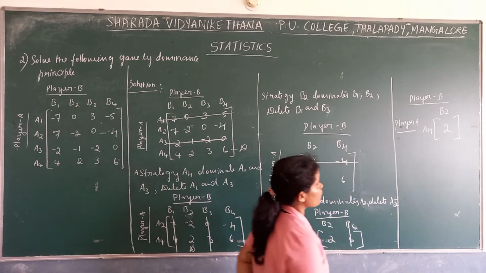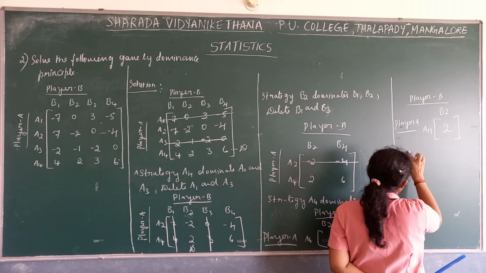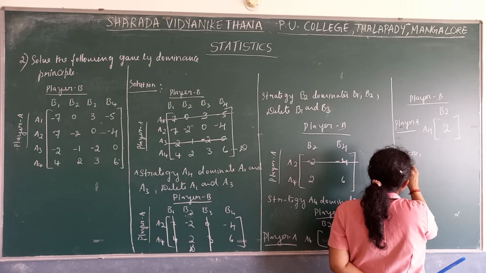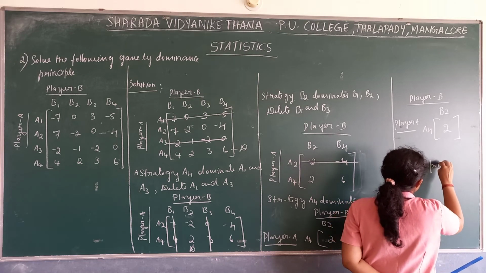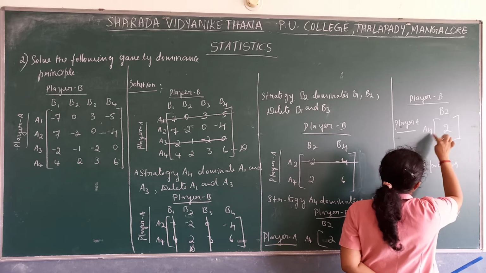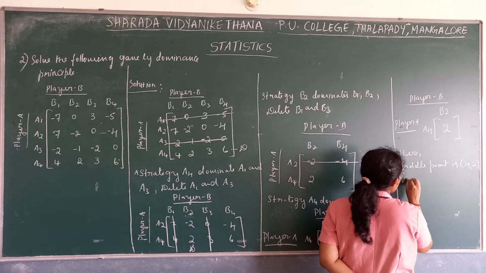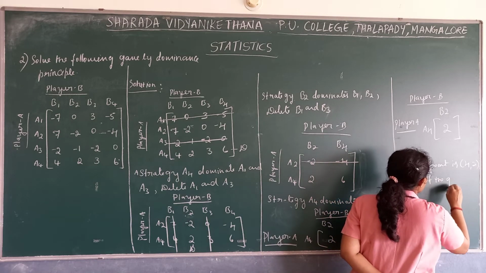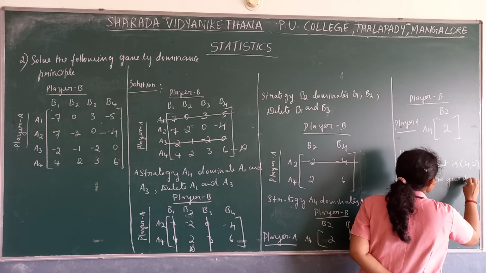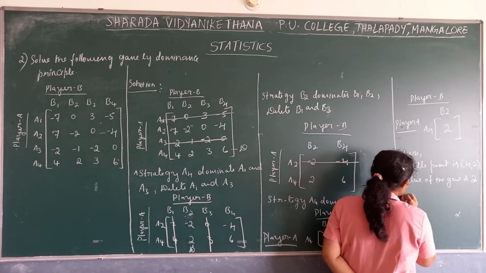So what is the saddle point? The saddle point is 4, 2. And the value of the game is 2. Else we can also write the best strategies.